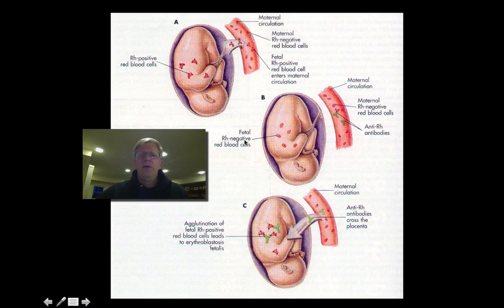If the second baby is Rh negative, that's not going to be an issue because the Rh antibodies are not going to attack Rh negative. It's the next Rh positive baby that comes along that will be the issue. This baby will be attacked by the mother's blood and could potentially seriously harm the baby or even destroy the baby.